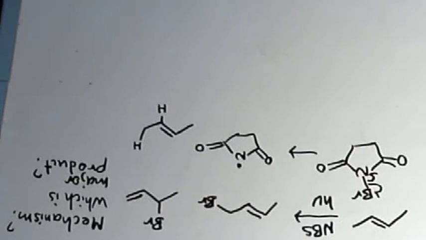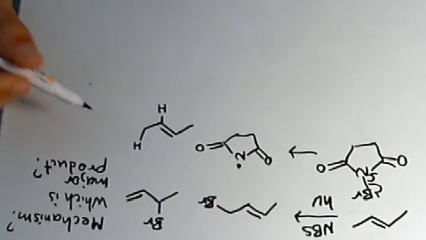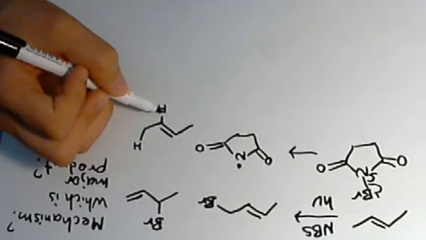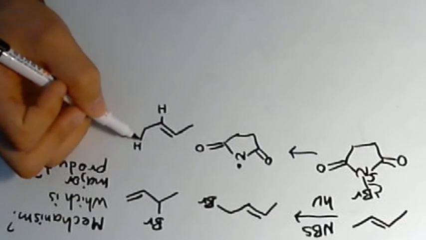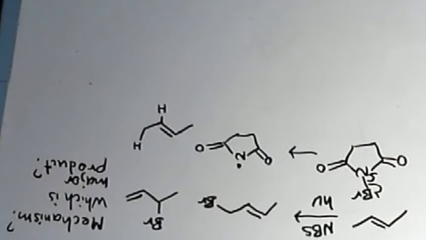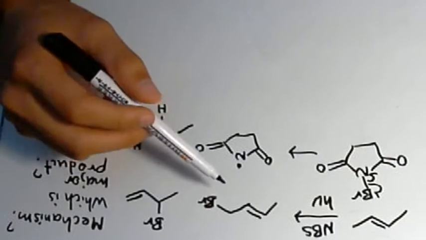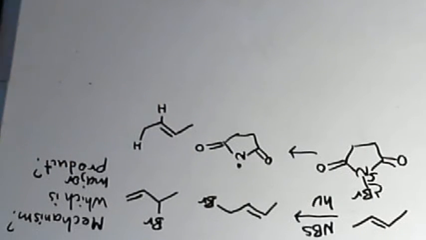So now we have another question here, which is: is it going to abstract this hydrogen, or is it going to abstract this hydrogen on the end? Well, the way we can answer that is through stability of our intermediates. So the fourth step is use either the products or the intermediates as a guide when we get stuck, right?